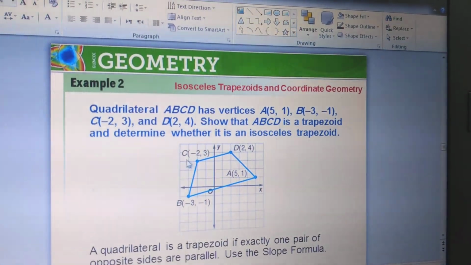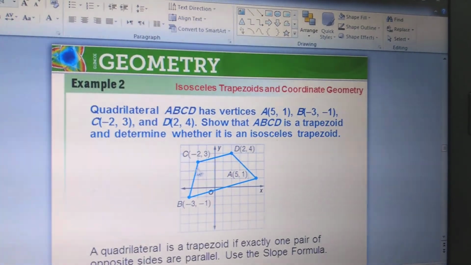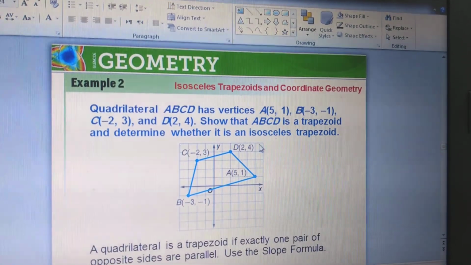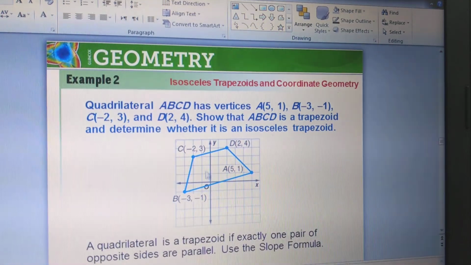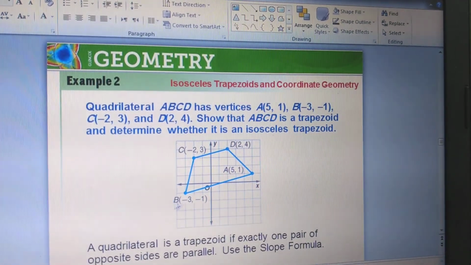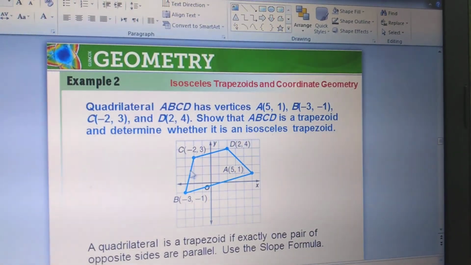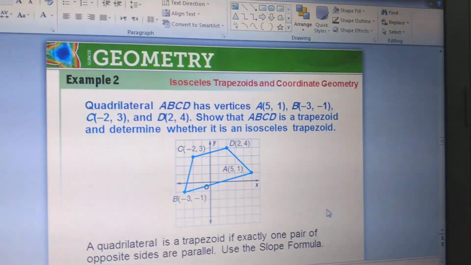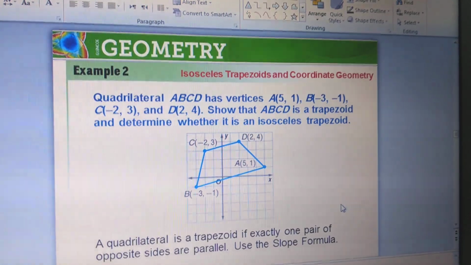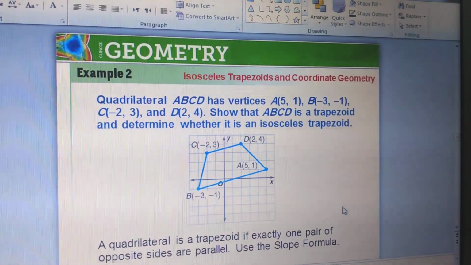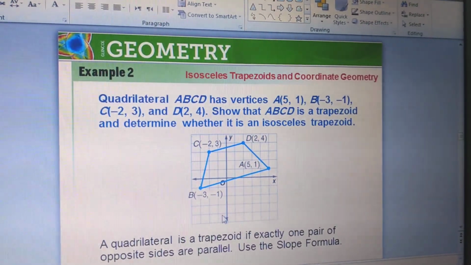Then again, you use the rule m equals y2 minus y1 over x2 minus x1 for CD, and the same rule for BA. If you get the same slope, you can say that CD is parallel to AB. If they are parallel, this means the figure is a trapezoid, because the definition of a trapezoid is a quadrilateral that has one pair of opposite sides parallel.